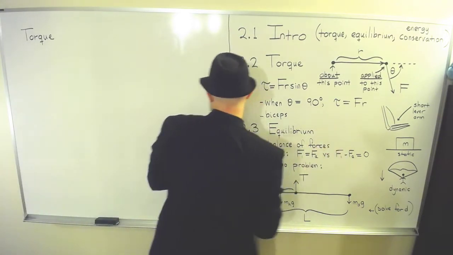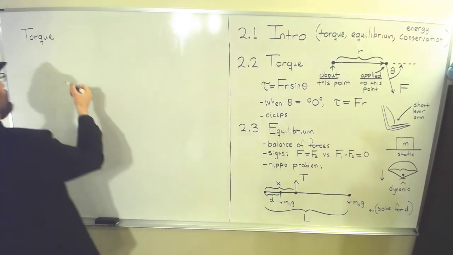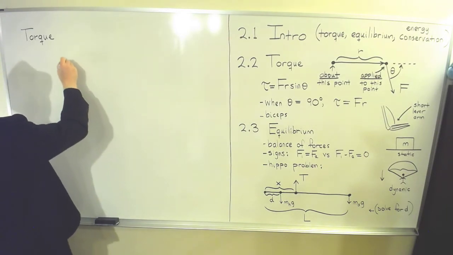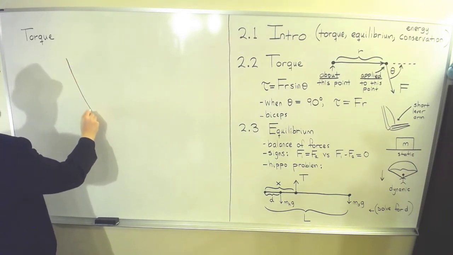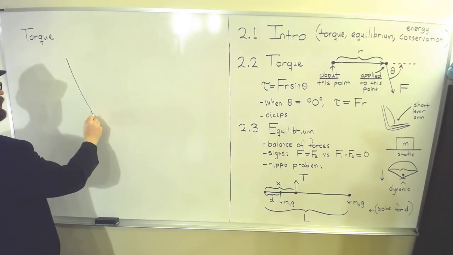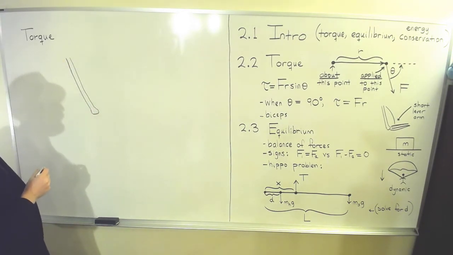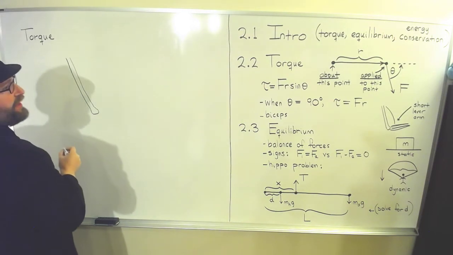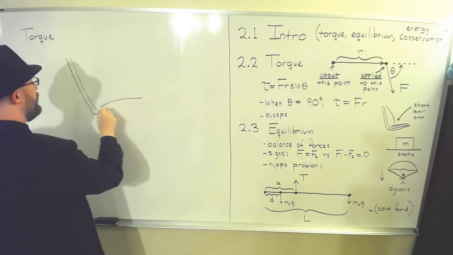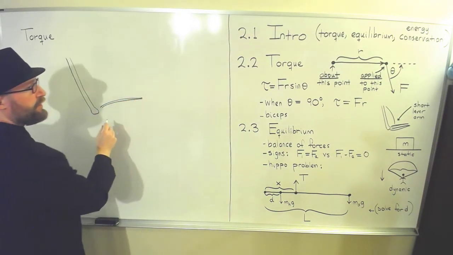Now, let me try to draw a bigger picture here. So here you have the humerus. I'm not going to succeed in drawing this medically accurately, but then there's the radius.